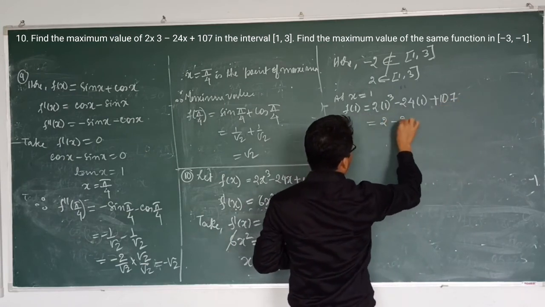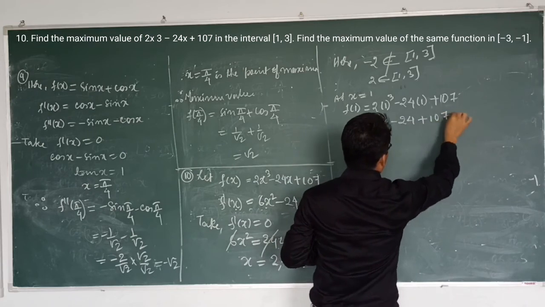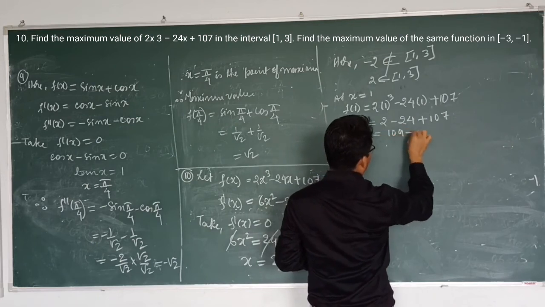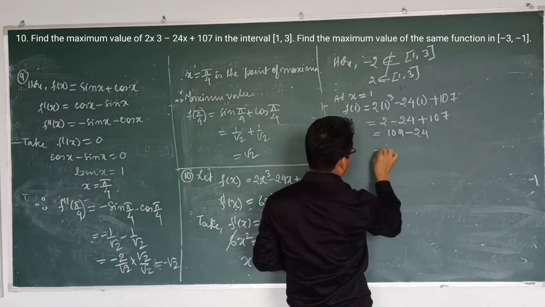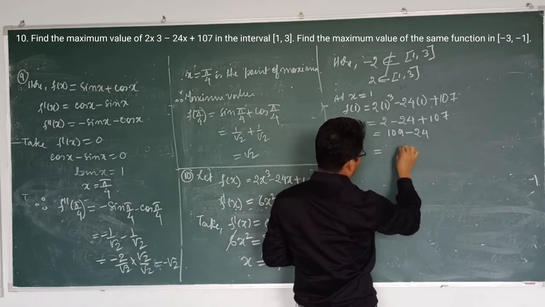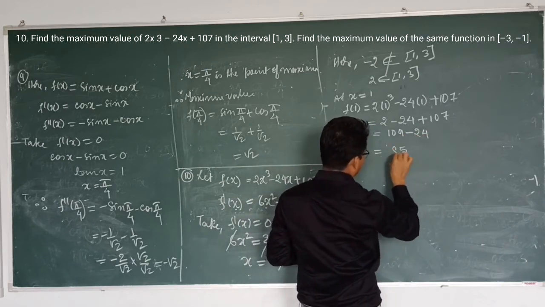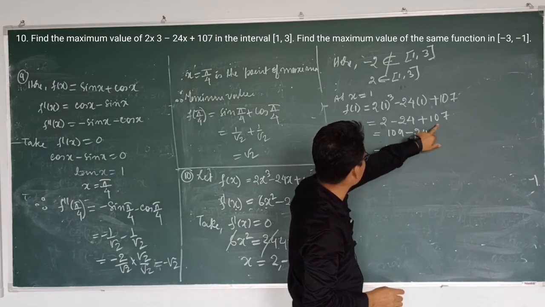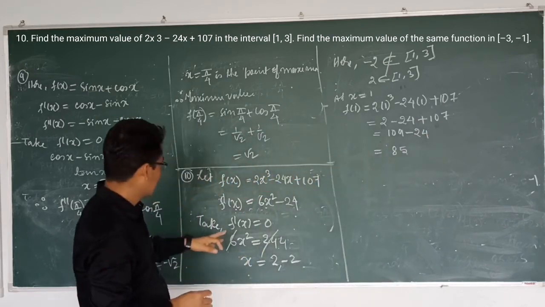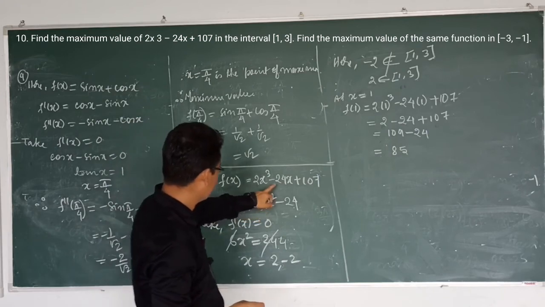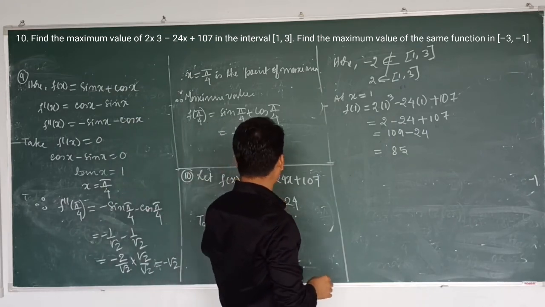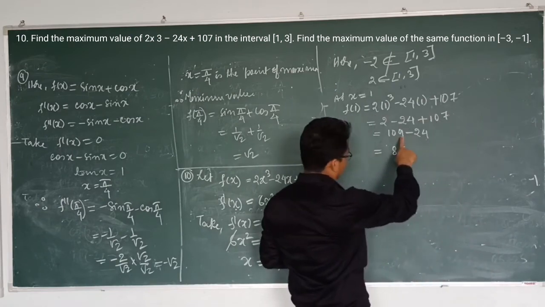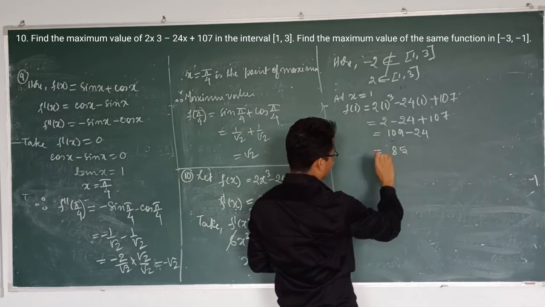Do the calculation properly. 107 plus 2 is 109, and 109 minus 24 gives 85. Correct.